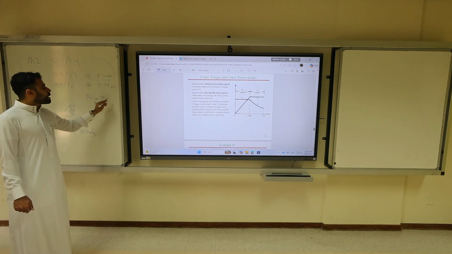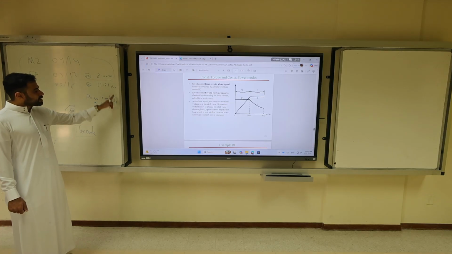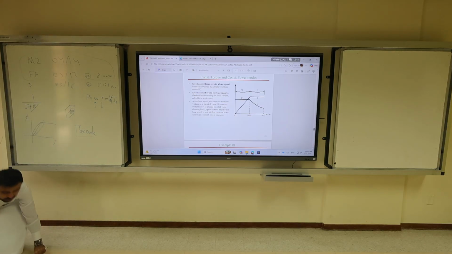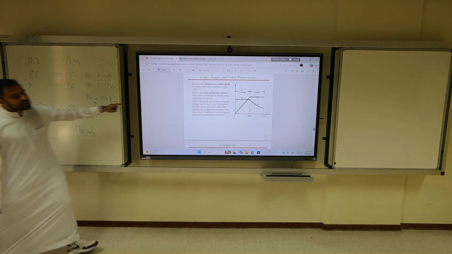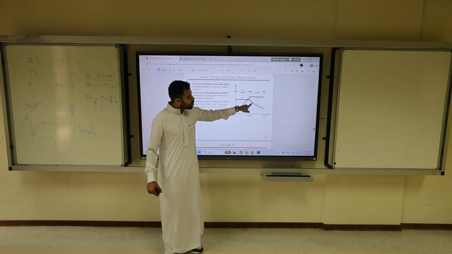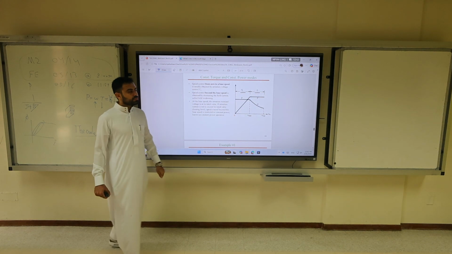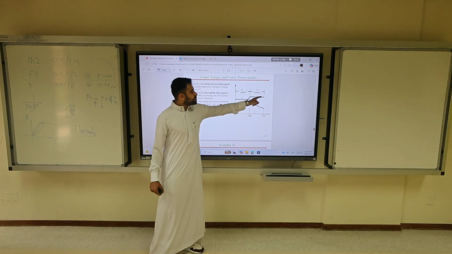Why? Because power is limited by VT IT. You cannot overpower the machine. You can't. Conservation of energy. If you increase the speed, your torque will be decreased because IF increases. So this is what we call the constant power.